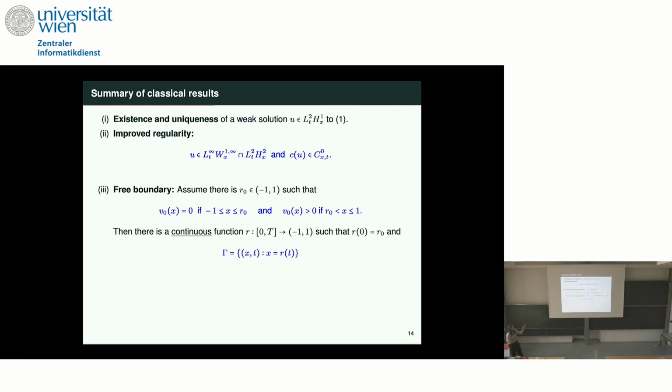So this is really a sharp interface that separates the positive phase and the negative phase. And in fact, under more conditions on the initial data, they can show the function R is Lipschitz and C1 as well.